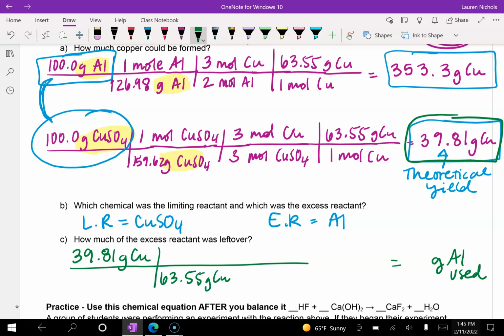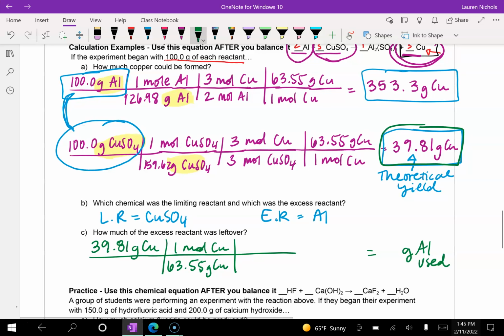So we have 63.55 grams of copper is what 1 mole of copper is, and the ratio between copper to aluminum is 3 moles of copper for every 2 moles of aluminum, and we know that 1 mole of aluminum is 26.98 grams of aluminum.